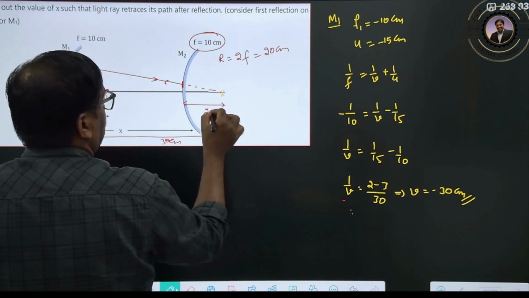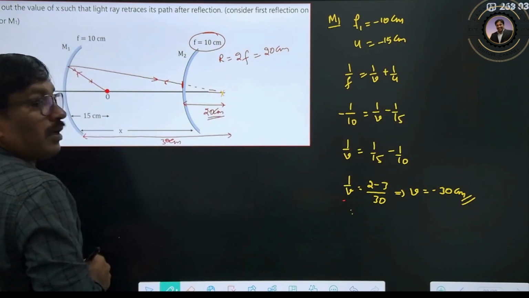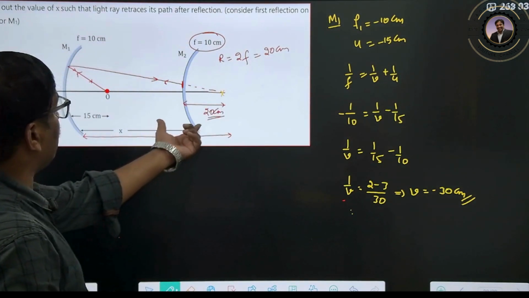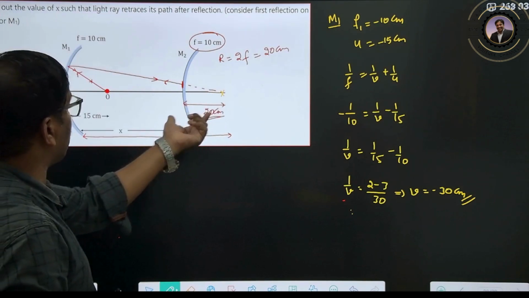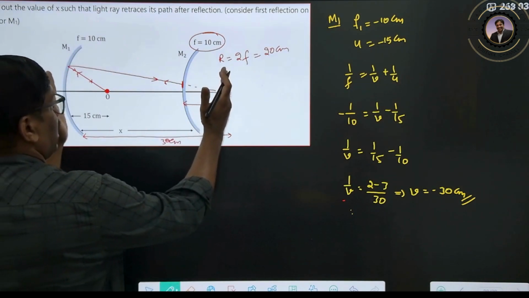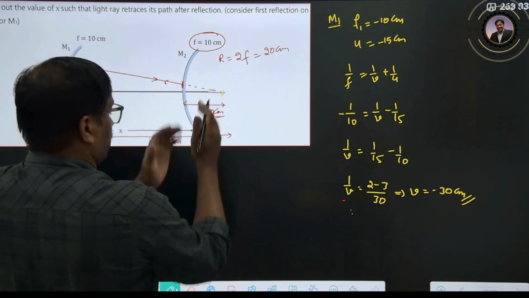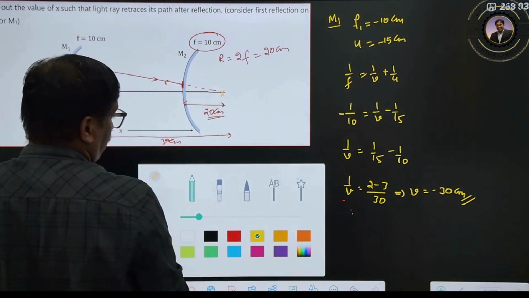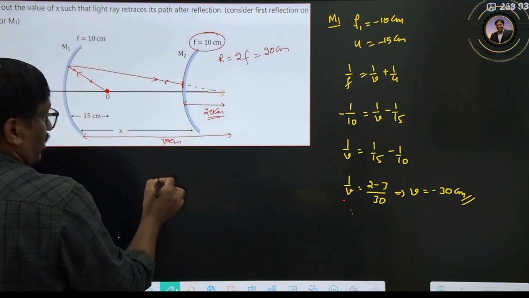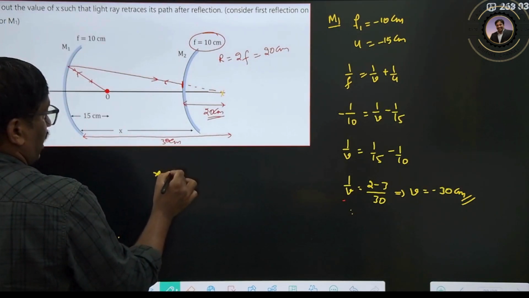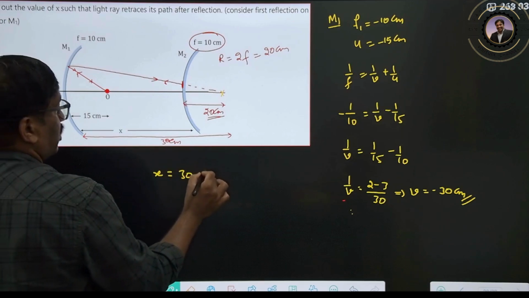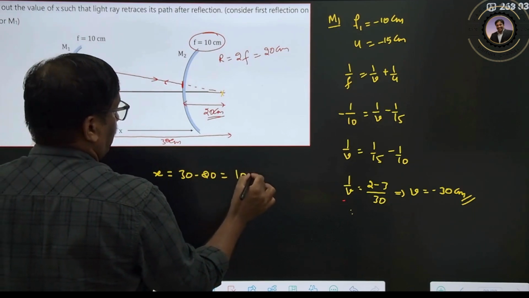This should compulsorily be 20 centimeter. Clear? So this is totally 30 centimeter and this is 20 centimeter, so the distance x equals 30 minus 20, therefore it will be 10 centimeter.